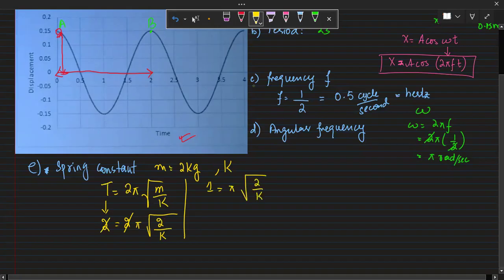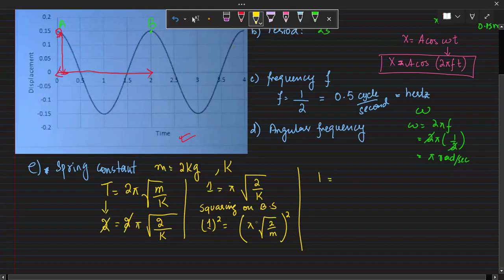Now for making k the subject, we have to put a square on both sides. So squaring both sides, we get 1 square equals pi under root 2 upon k, whole square. Then 1 square is going to be 1.